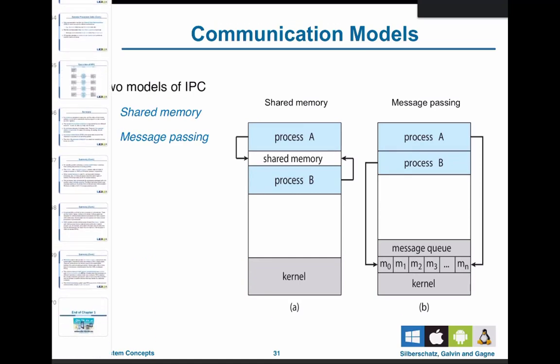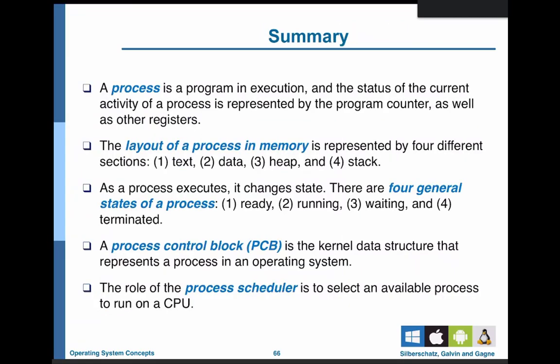So, a summary for the first part of this chapter. Firstly, a process is a program in execution, and the status of the current activity of a process is represented by the program counter, CPU registers, and some information stored in the PCB.